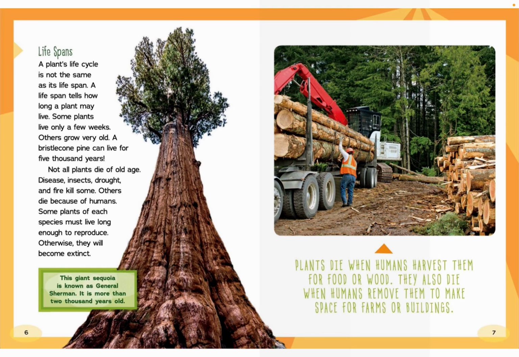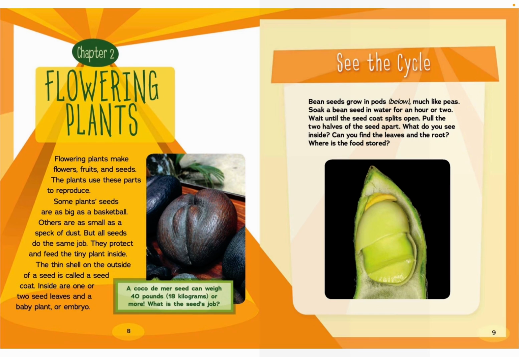Otherwise, they will become extinct. Plants die when humans harvest them for food or wood. They also die when humans remove them to make space for farms or buildings.